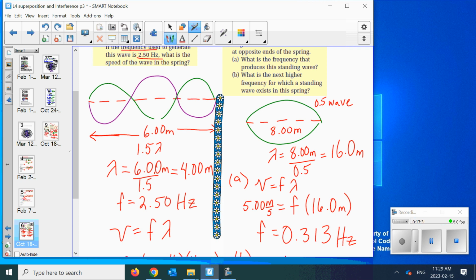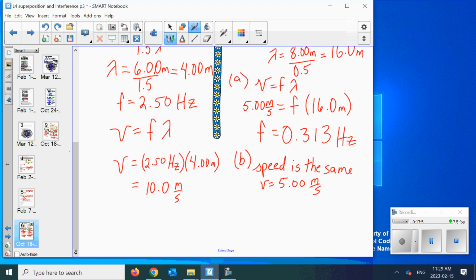What is the next diagram going to look like? Right. So instead of this, we'll have this. I'll draw it again. Well, 1 loop, 1 antinode. What's the next logical spot? 2, then 3, and then 4.